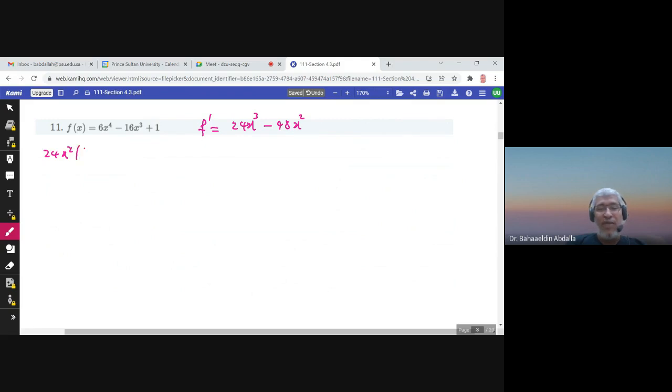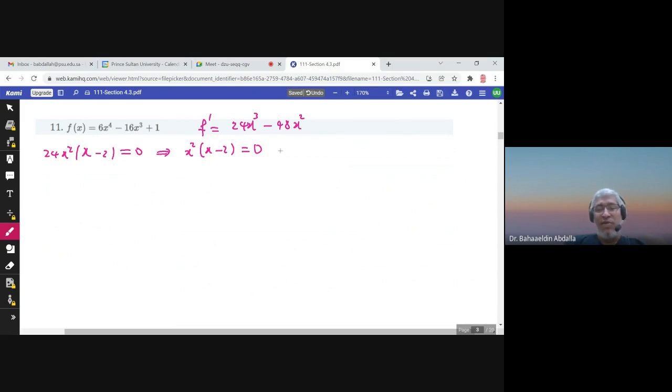So I will have x minus 48 over 24, which is 2, equal to 0. I can divide by 24 and I have x squared times x minus 2 is 0. If you multiply back, you get x cubed minus 2x squared. So times 24, you will get f prime.